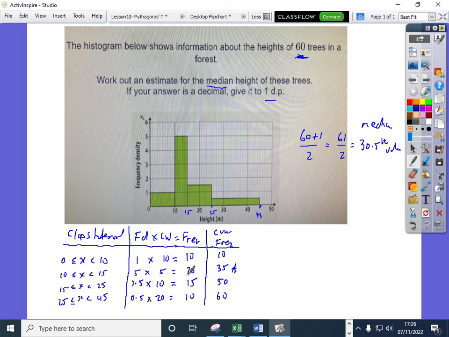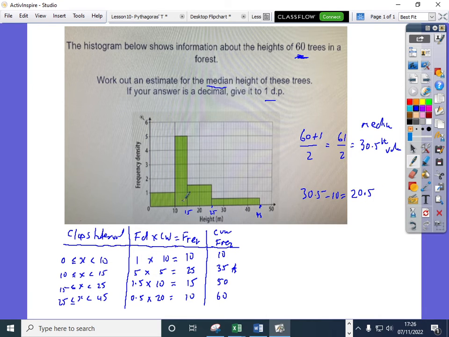So if we look at this bar here between 10 and 15, we want to know where the 30.5th value is along here. We know in this bar 25 is the frequency, and there are 10 before it, so we do 30.5 minus 10, which gives 20.5.